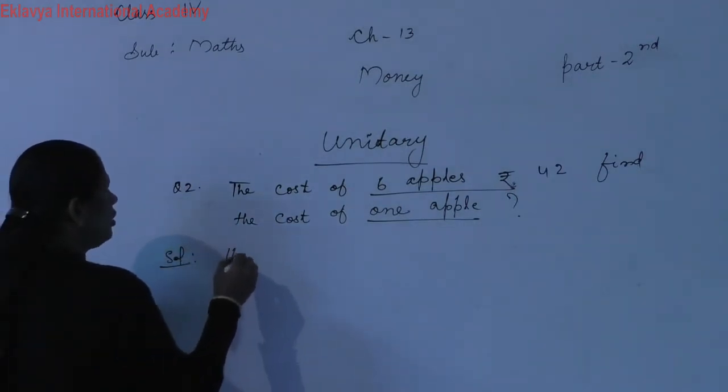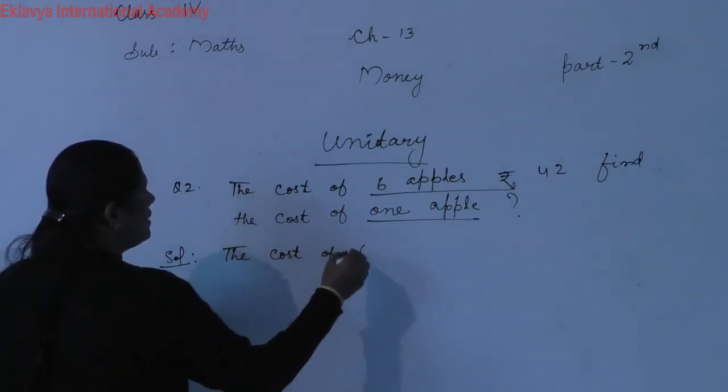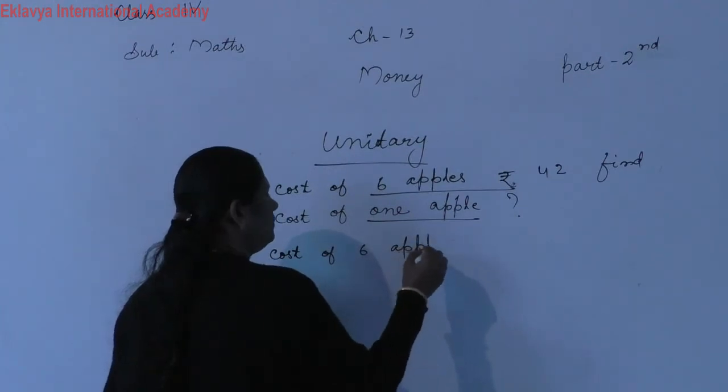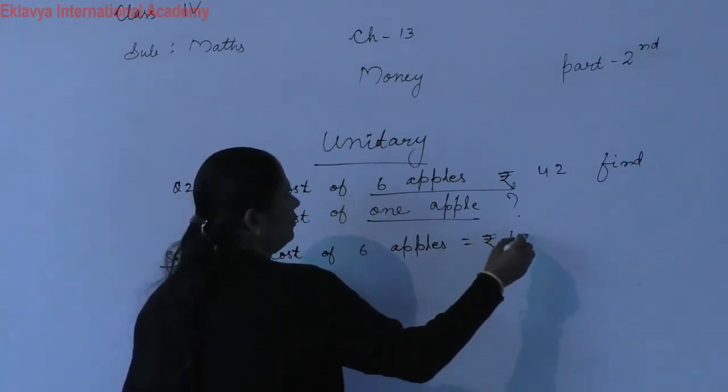Then the solution. The cost of 6 apples is rupees 42.